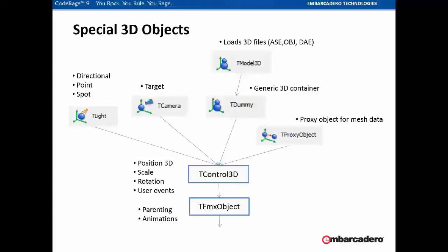In this scenario, when you want to, for example, create a great looking world, you have your 3D artist spending time modeling objects, and then he can export these objects in one of the supported formats, and you can load them into your application inside of the Model3D component.